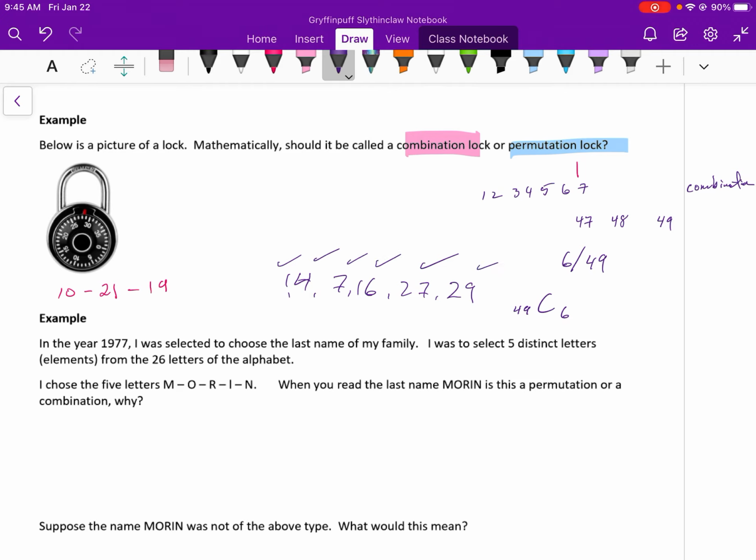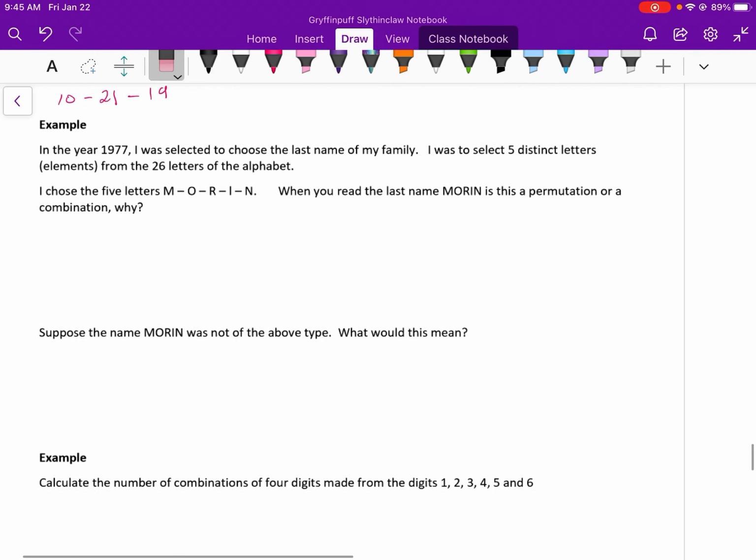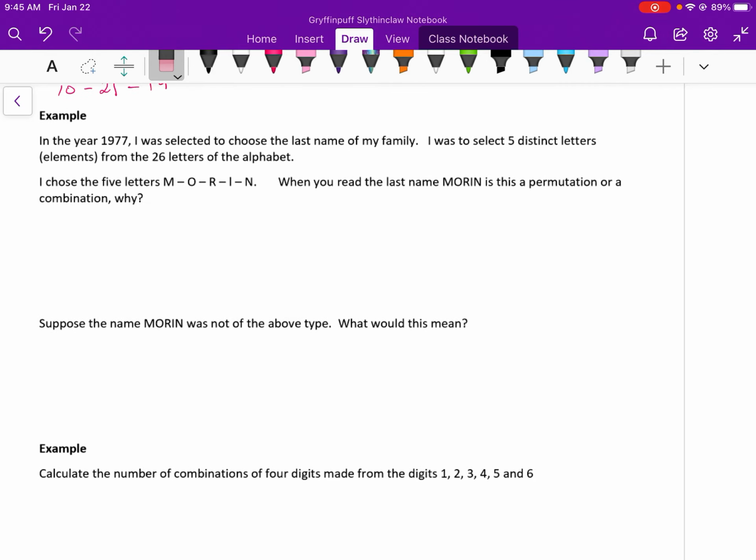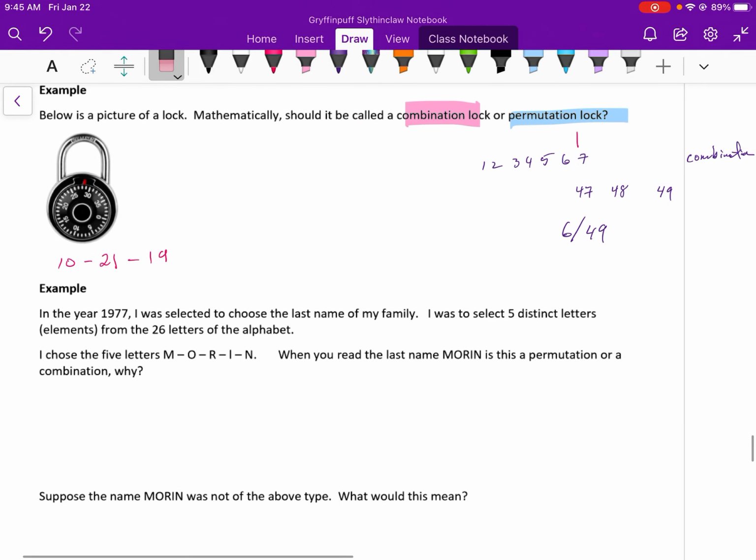So order doesn't matter, so it's a combination. If it were a permutation, you would have to come out with this select order, which would be an astronomical probability. Anyways, let's move on. By the way, the lock should be called a permutation lock because order matters.